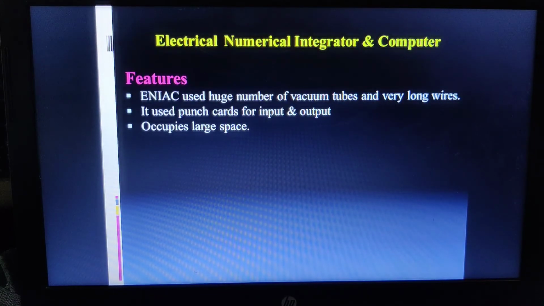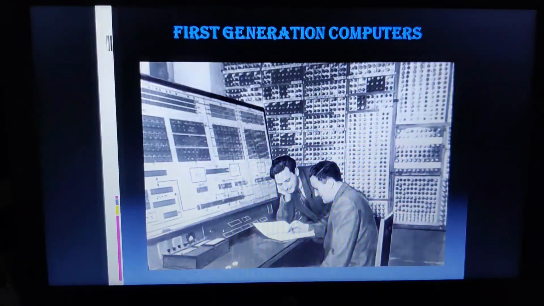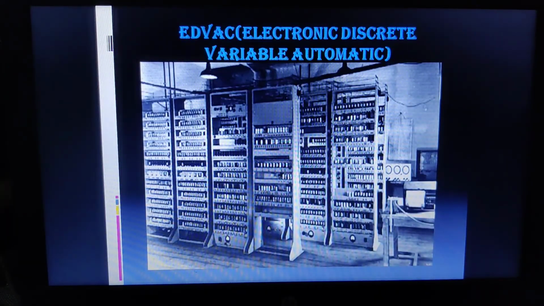Moving on, what are the features of EDVAC computer system? EDVAC stands for Electronic Discrete Variable Automatic Computer, isn't it? Yes. The unique feature of EDVAC is that it is a vast improvement over the ENIAC computer system.